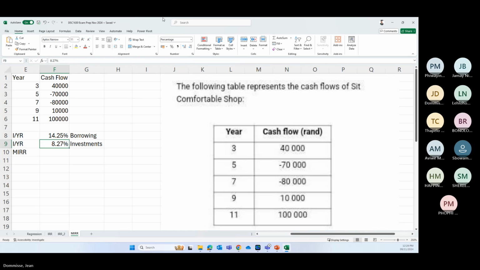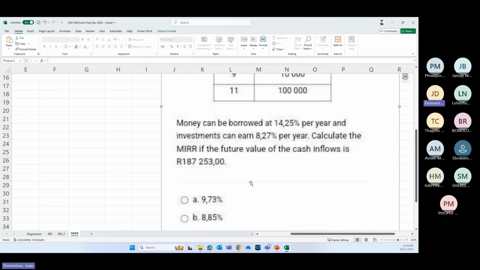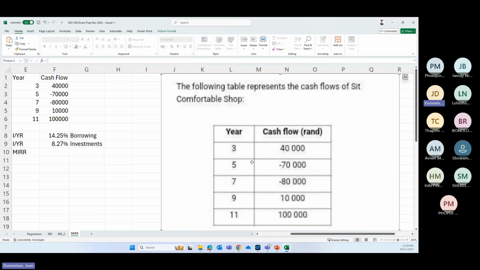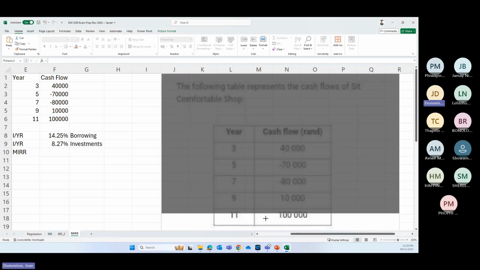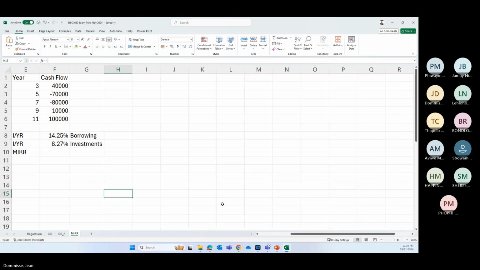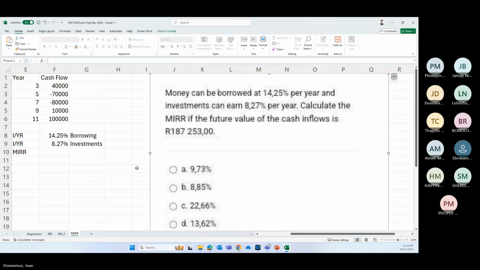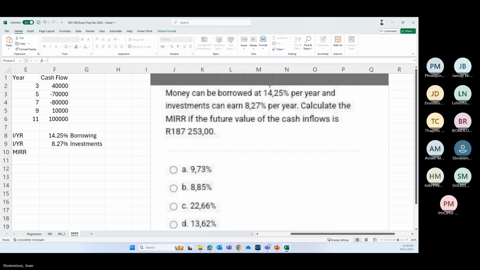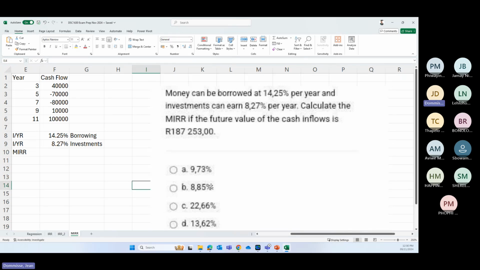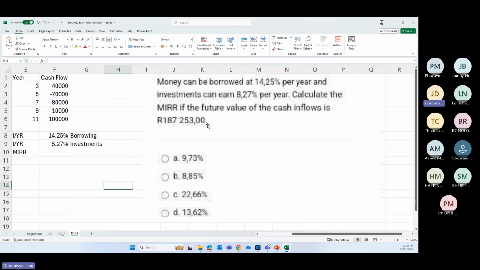So they actually give you the future value of those cash inflows already. So we actually don't need to work it out. Sorry. Like that previous question where they told us what the cash inflows were, here they also tell us what the inflows are.